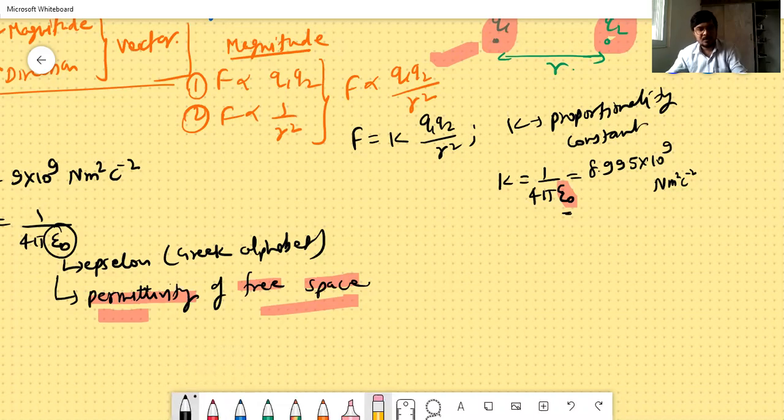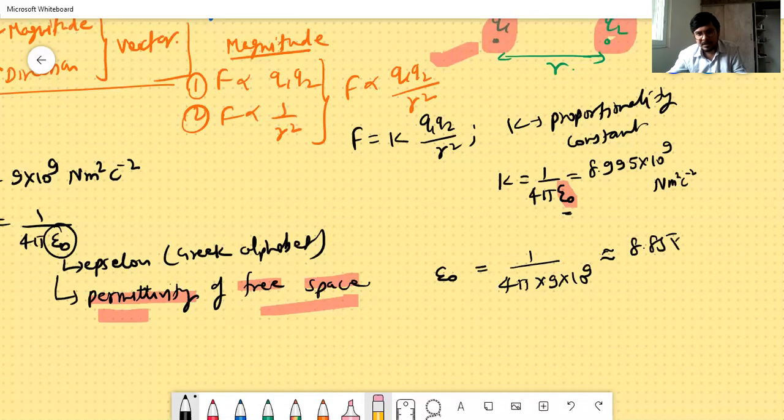Now, what is the value of epsilon naught? It is 1 by 4 pi into 9 into 10 to the power 9, right? When you calculate, it will come out to be 8.85 into 10 to the power minus 12, and the unit will be Newton inverse meter power minus 2 Coulomb square.